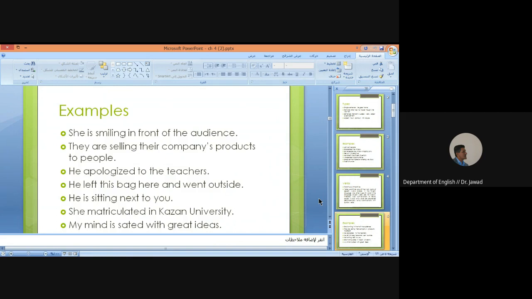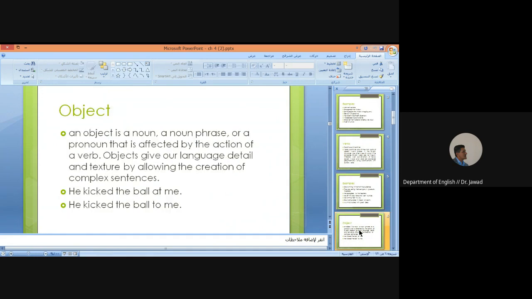She matriculated in Kazan University. My mind is sated with the great ideas. Sated, passive voice here. Again, periphrastically constructed. So as you can see, verbs in English in general are periphrastically constructed.